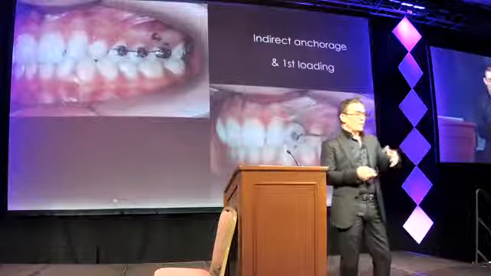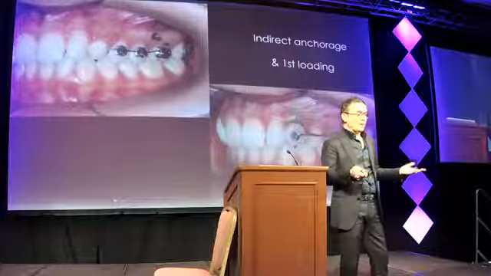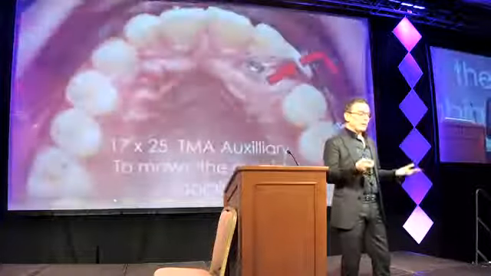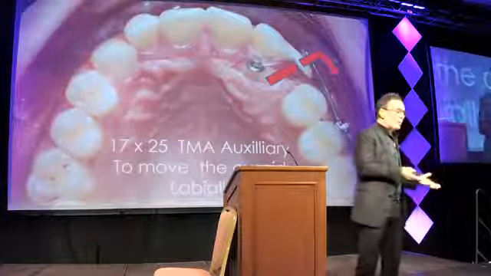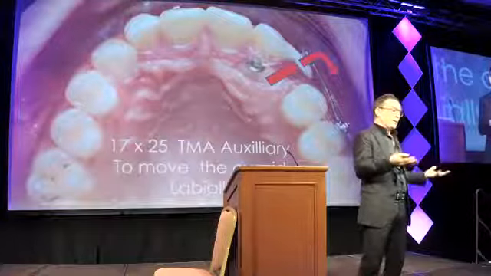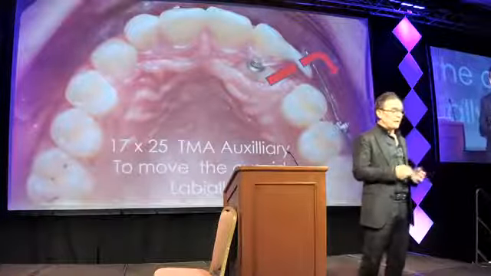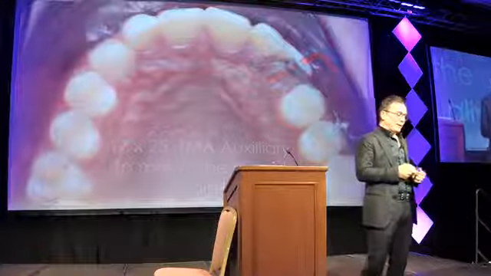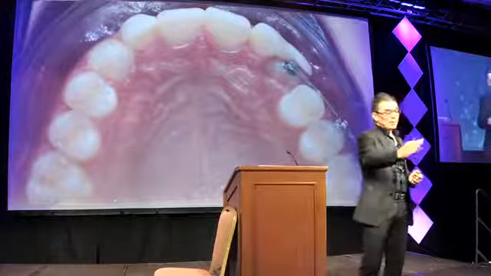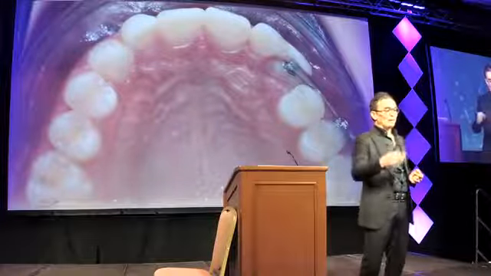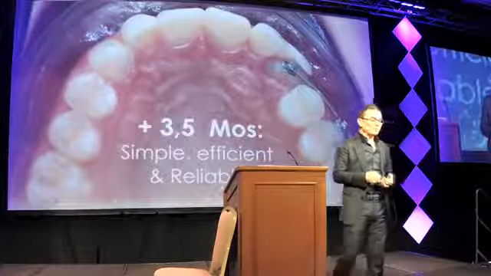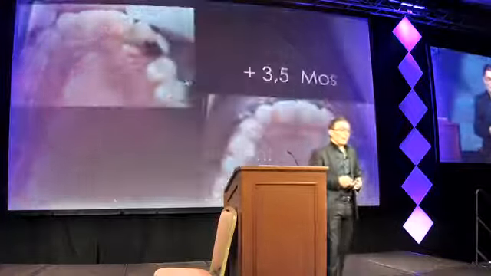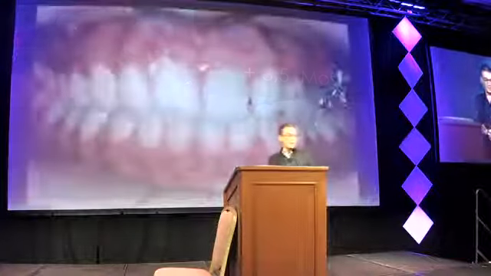These are some progression phases with this case, so it's really easy to do that, and the patient is happy because she doesn't have braces everywhere. She couldn't afford a clear brace or a lingual appliance, so this is a good option to do it more friendly. So this auxiliary brought our canine labially and out of the occlusion of the lower teeth, and now we can move to a full appliance.